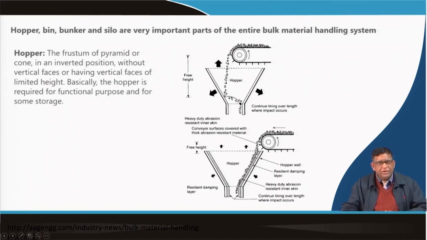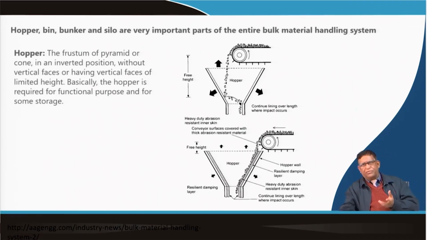If you do not have the liner, the material will fall at a very high speed, and when an abrasive material goes at that speed, the hopper wall will wear out. This hopper becomes a part of a bin or a silo at the bottom for evacuating, and in a bunker also where you are evacuating, the hopper is a very important part.